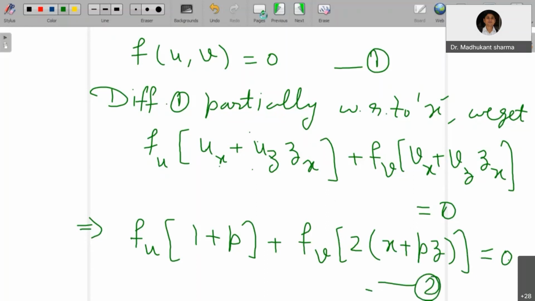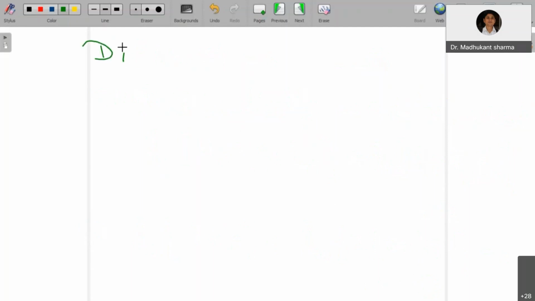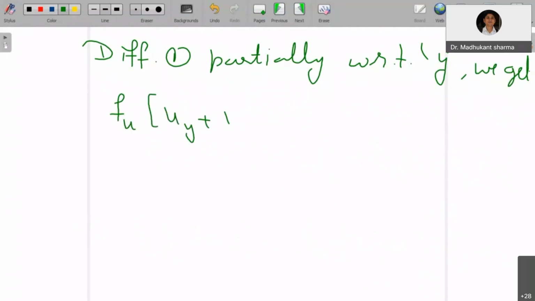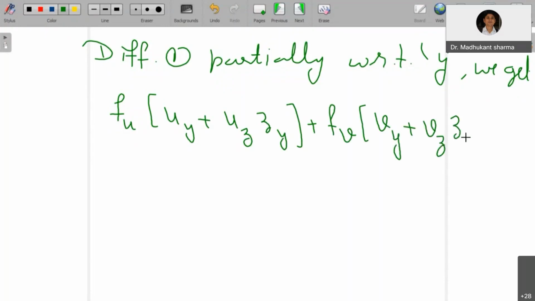Now similarly, differentiating 1 partially with respect to y, we get the following. Fu times uy plus uz zy, plus fv times vy plus vz zy, equals to 0.